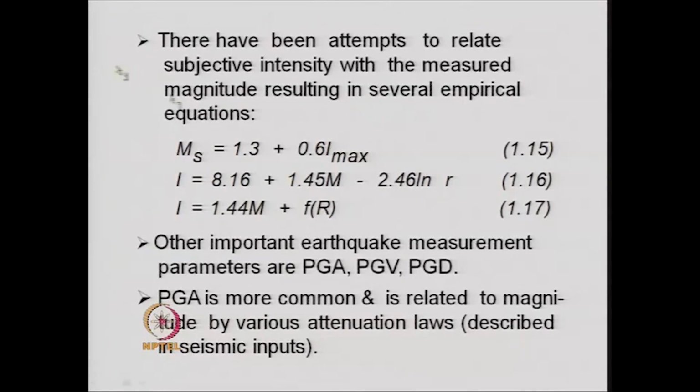The first equation relates the surface magnitude with the maximum intensity. The other two equations relate the intensity with the magnitude of earthquake. Here there is a parameter which is called the epicentral distance, R, and this is a function of epicentral distance.